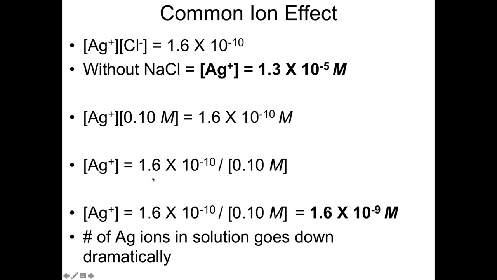So I take 1.6 times 10 to the negative 10th divided by 0.10. When I do that, I get 1.6 times 10 to the negative 9th, and that's the concentration of Ag ions in solution. You can see this is much lower than before, so the Ag ions are going to drop dramatically, and that's going to influence the solubility.